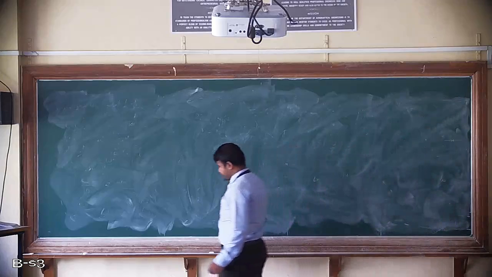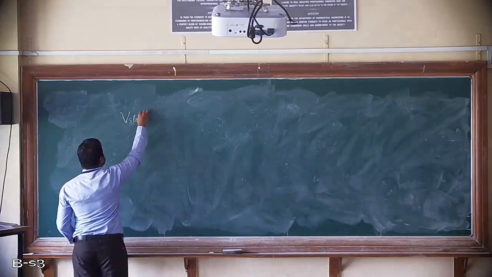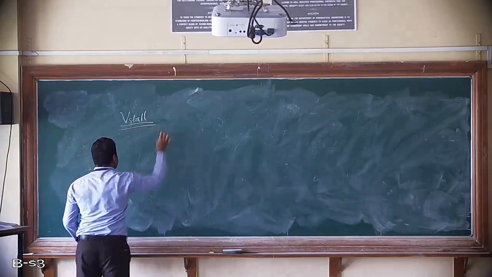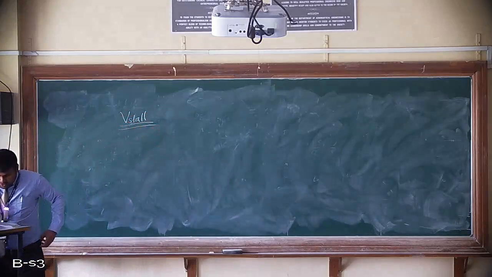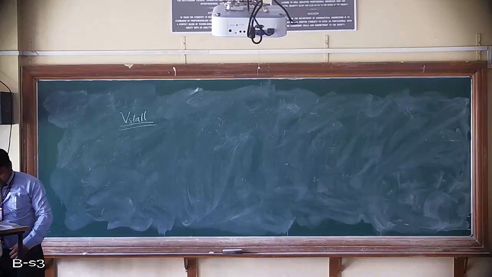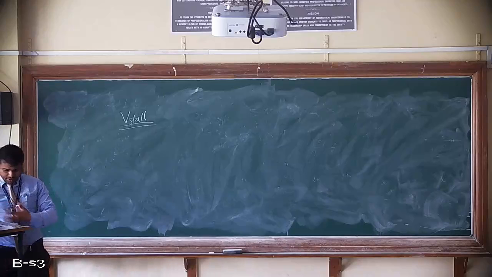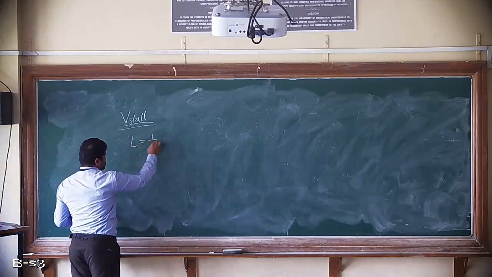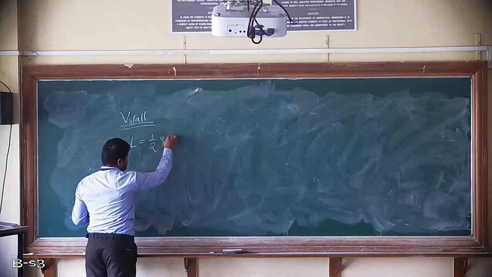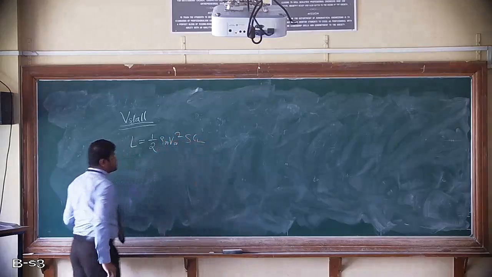So now we'll talk about V stall, that is stalling velocity. We know that L equals half rho infinity V infinity square S CL.